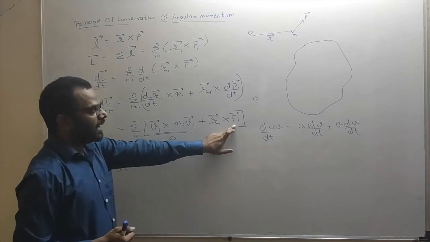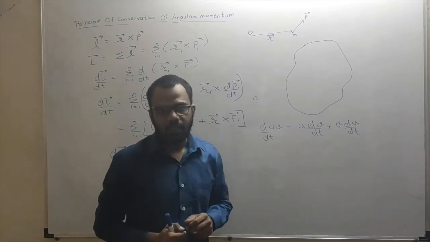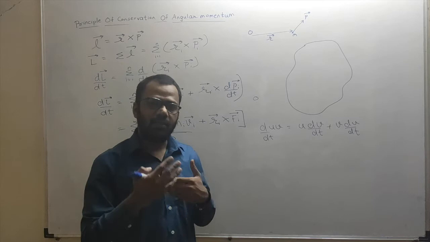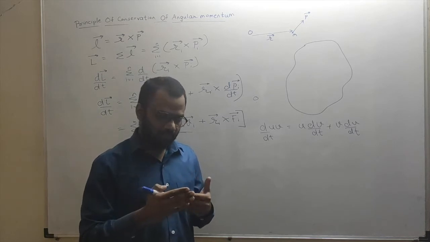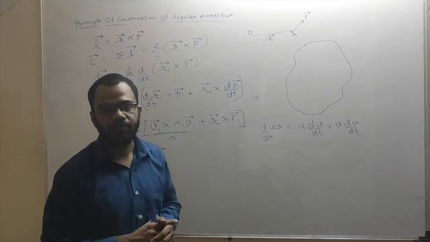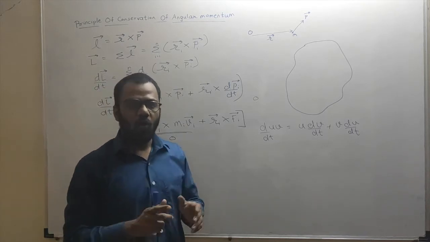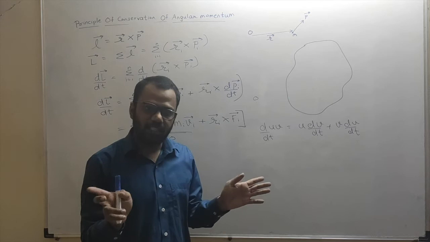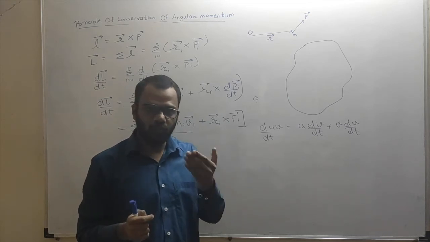Now this is the force acting on the ith particle. This force will be the resultant of external as well as internal forces acting on that particle. All the torques due to all the internal forces will cancel each other. Why? Because of Newton's third law.